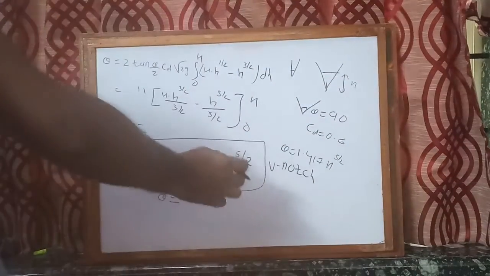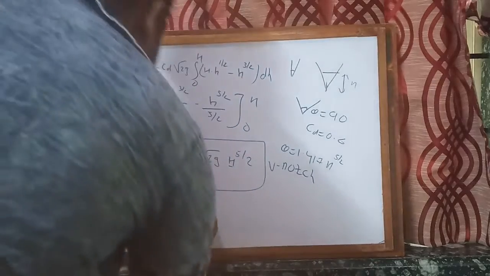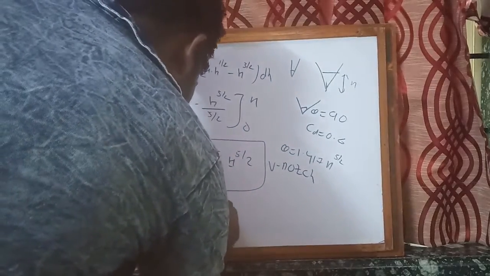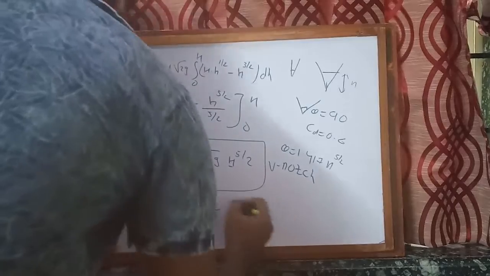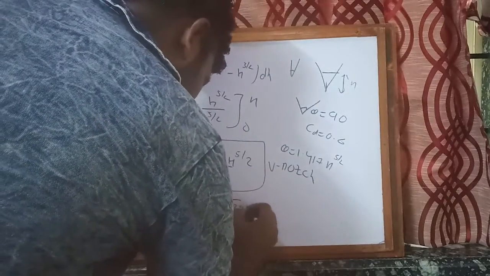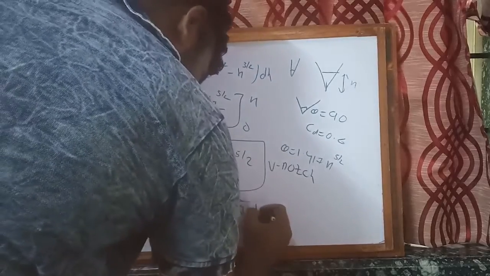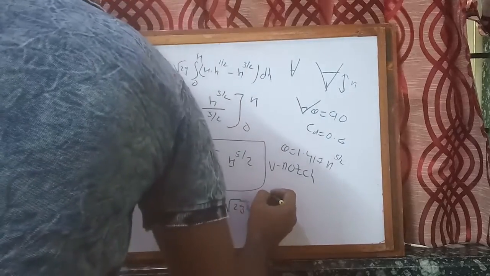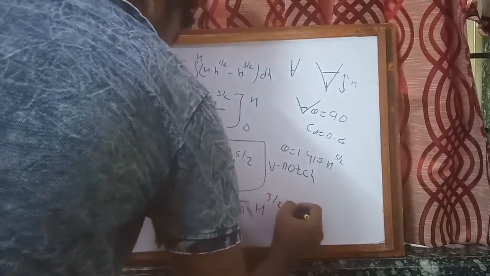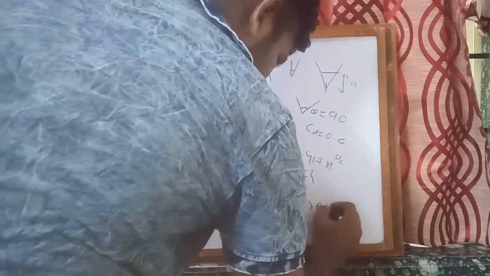So Q for the rectangular notch is 2/3 CD L root of 2g, sorry, there is no h there, root of 2g times h to 3/2. This is for rectangular.